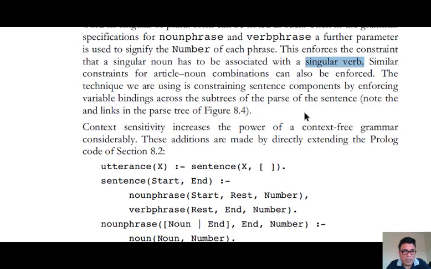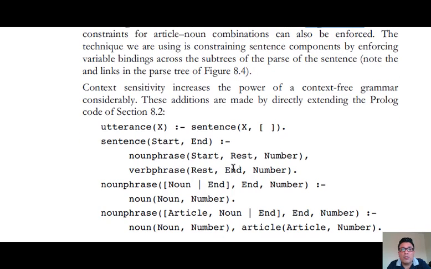So this is just a small modification that will help us to understand that now we're not only using the grammar, but we're also going to check something about the context. So we look into the way that we're generating the sentence.